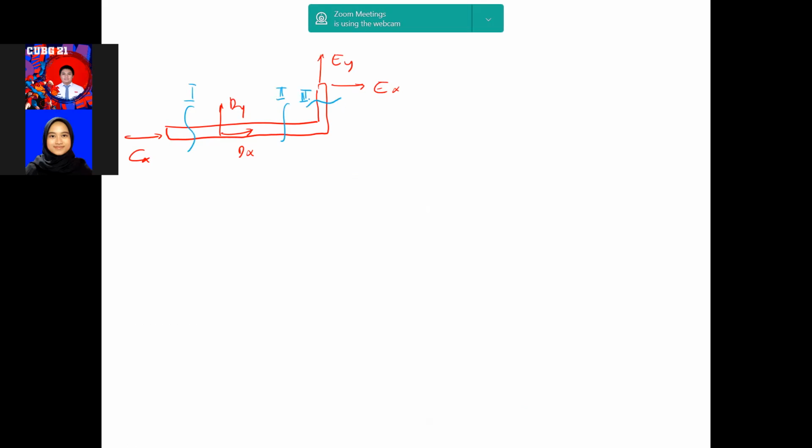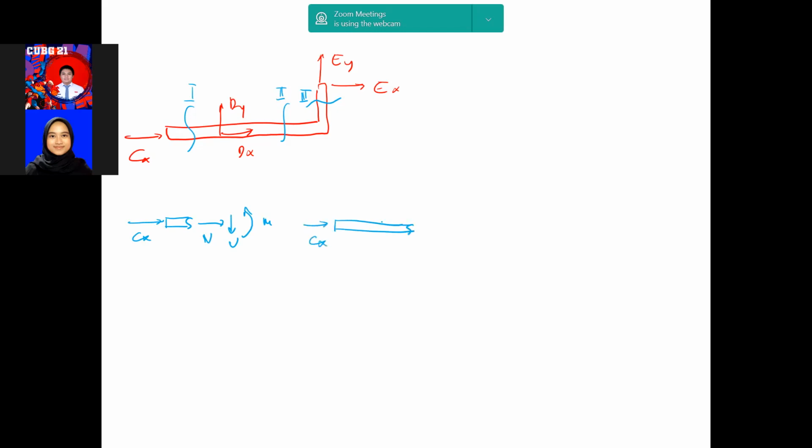Okay. If we take a look at the first cut, it's supposed to be like this. CX. Remember, because there is a horizontal force, so I will put the normal force here. Shear force, V, and moment. This is the first cut. Okay. For the second cut, will be slightly longer.